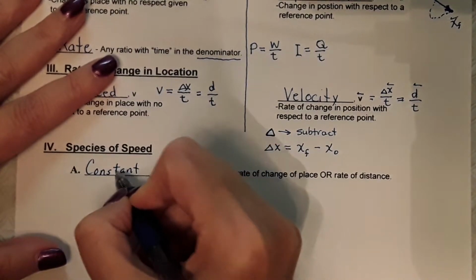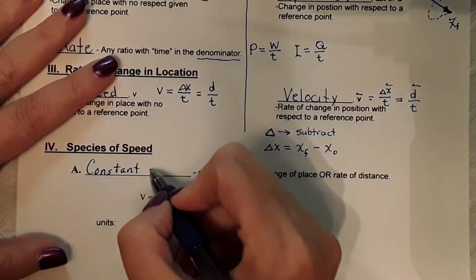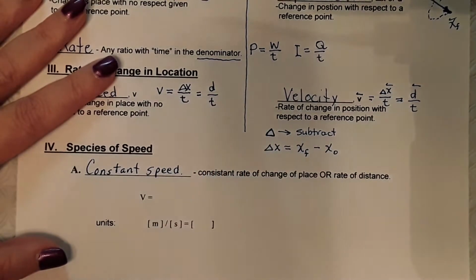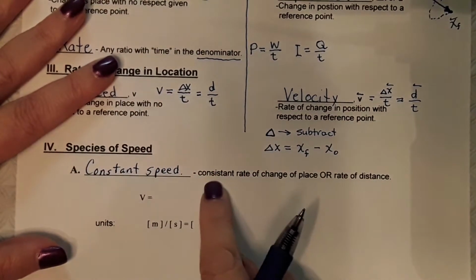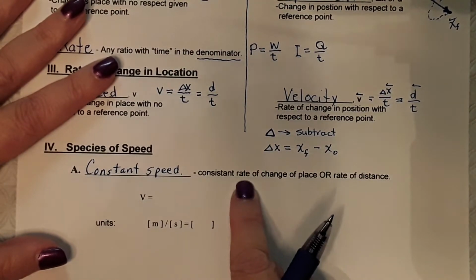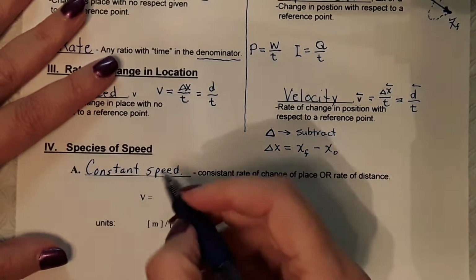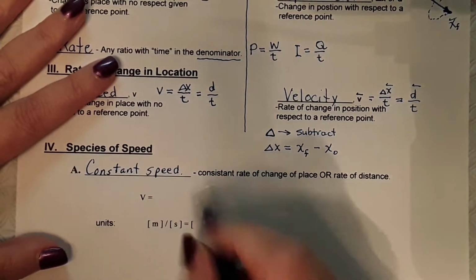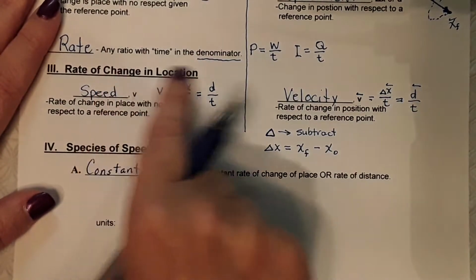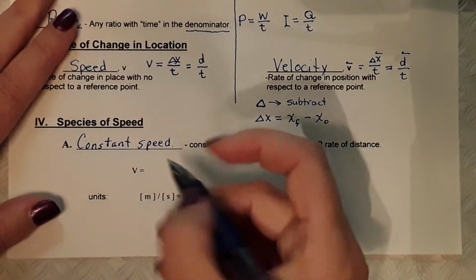When we describe speed with the adjective constant, that means the speed doesn't change its value. It is a consistent rate of change of place, or consistent rate of distance. And if we write that mathematically, rate, if you'll remember, we said is any ratio with time in the denominator.